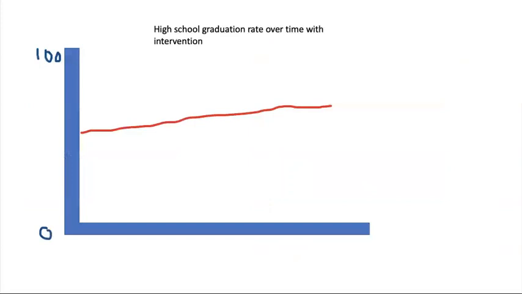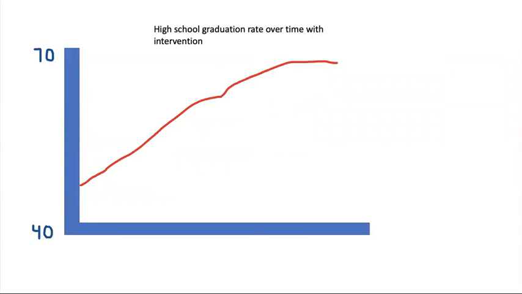So let me give you an example that the news does a lot on TV in order to turn heads, right? So here's an example of the high school graduation rates over time with a particular community intervention. Let's say the graduation rates went from 55% to 65% in a certain community. Okay, results, right? Good, but not jump up and down amazing. They're still certainly subpar.